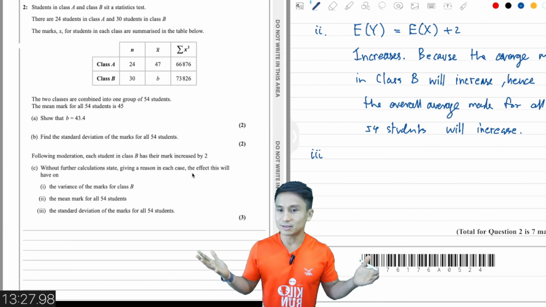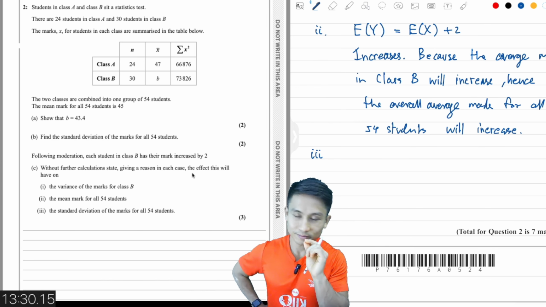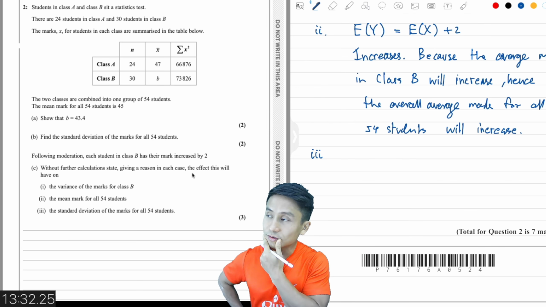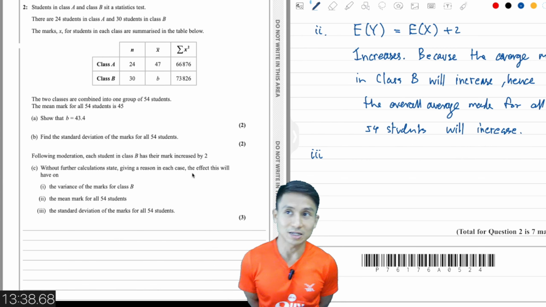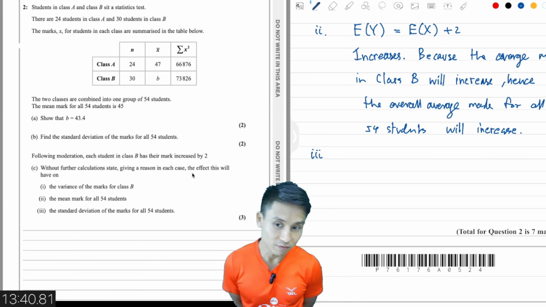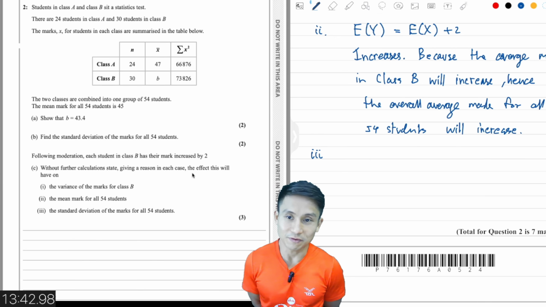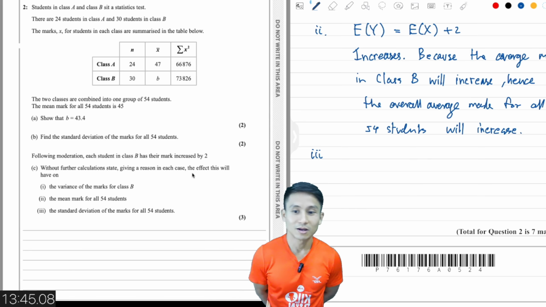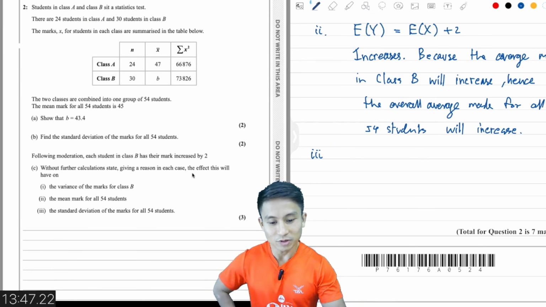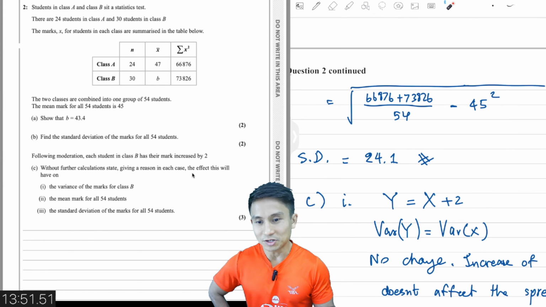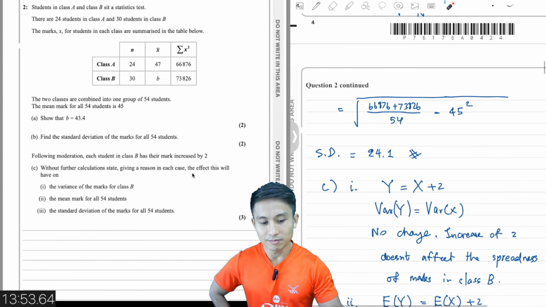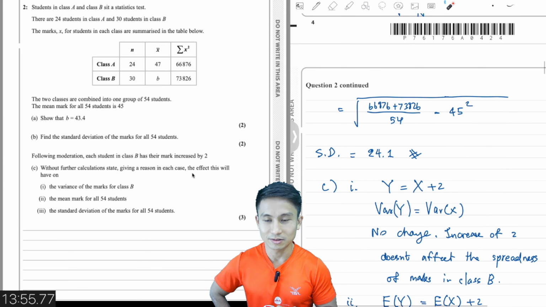Well, again, this is the same logic because, wait, hang on. It might actually. It doesn't affect the variance of the marks in class B itself, but it affects the mean of the marks in class B, right? So if we look at how we calculated the standard deviation here, this would be higher.